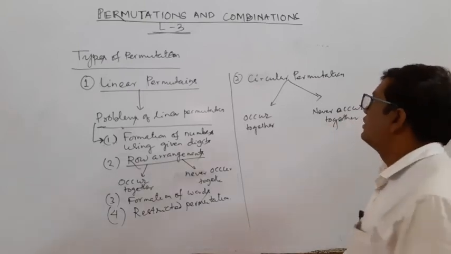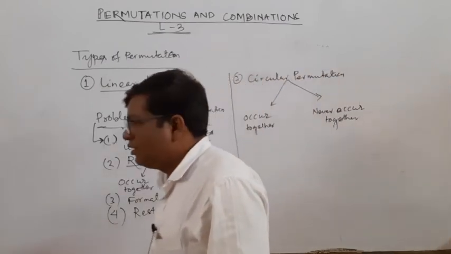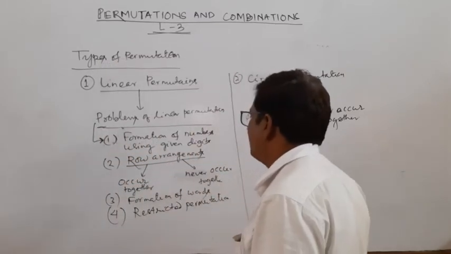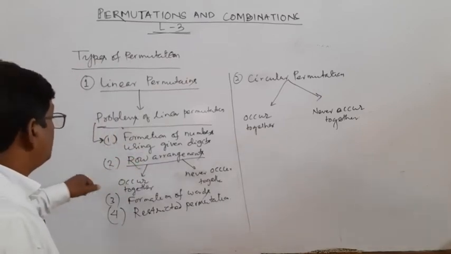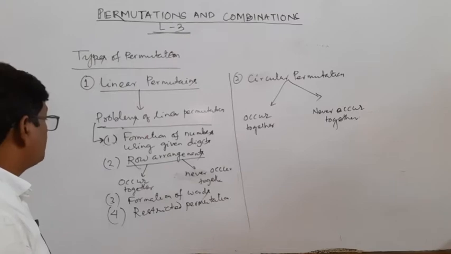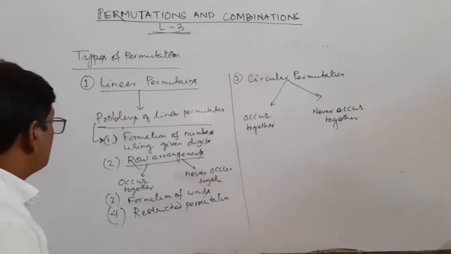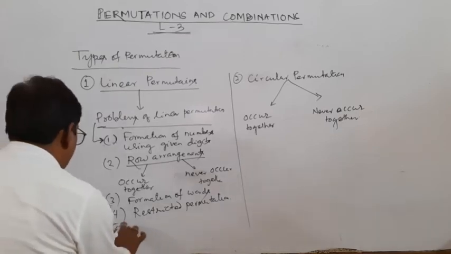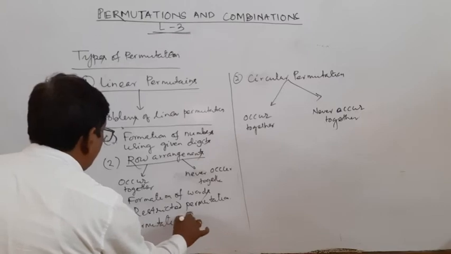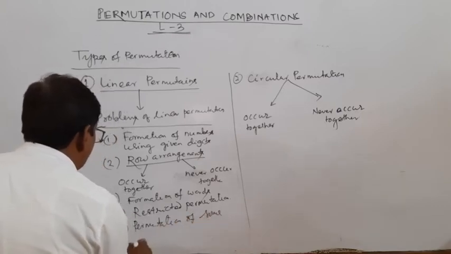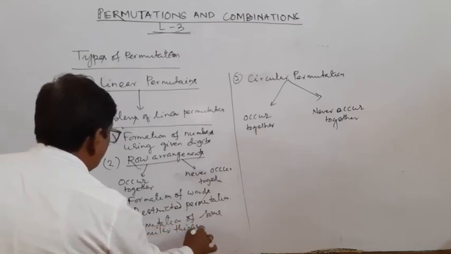And the fifth one is permutation of objects which are not different, that is, permutations of some similar or identical things.